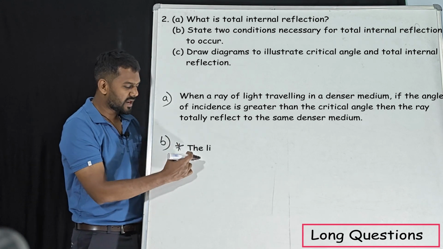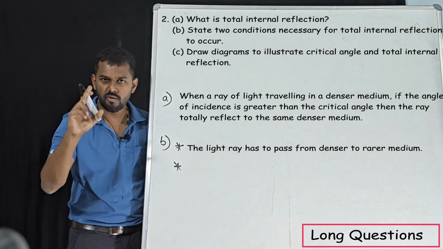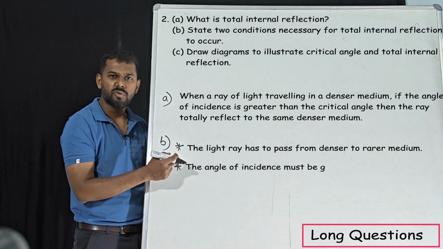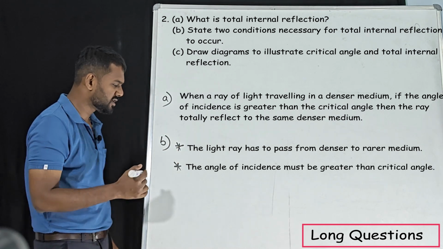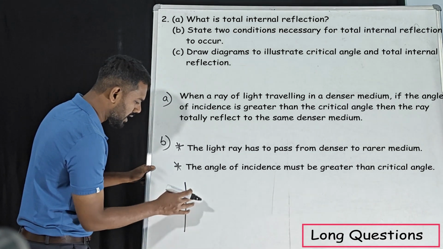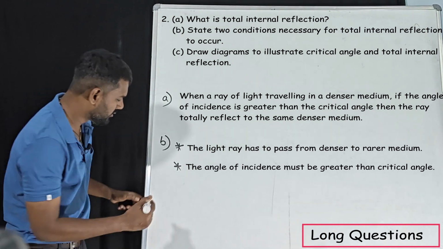Very simple. The light ray has to pass from denser medium to rarer medium. That is the first condition. Next, the second one: the angle of incidence should be greater than the critical angle. That's it. These are the two conditions. So they are asking for the diagram also. Again, you should not write the normal line first.